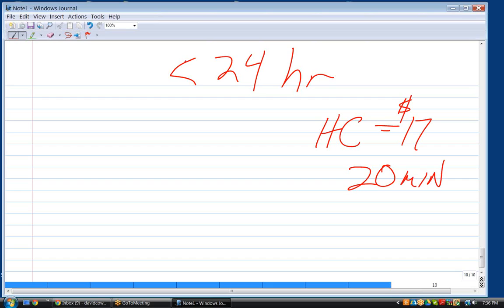Permanents cost $60 and require an average of an hour and 10 minutes. What combination of haircuts and/or perms will yield a maximum revenue? What is the maximum revenue?